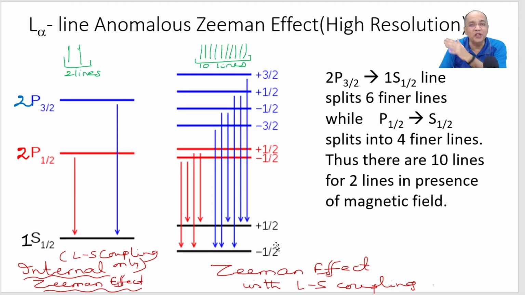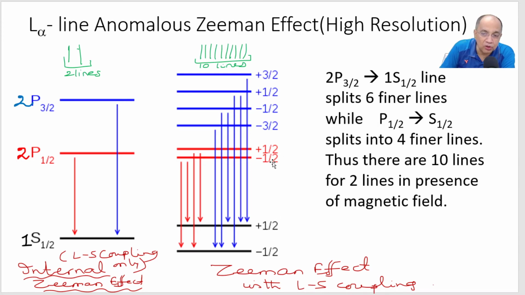Now tell me, how many total transition energies will be produced? From the P 3/2, which now has 4 sublevels, to the 1s plus half is 4, and to minus half is 4, so 8, out of which 2 are discarded. From 3/2 to minus half, the delta J value is 2, which is disallowed, forbidden.